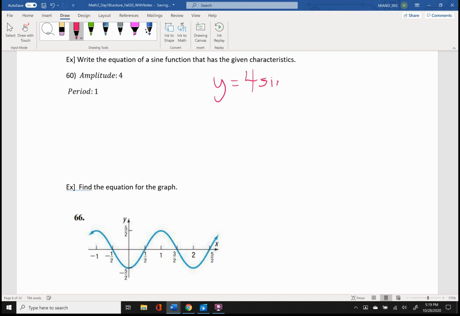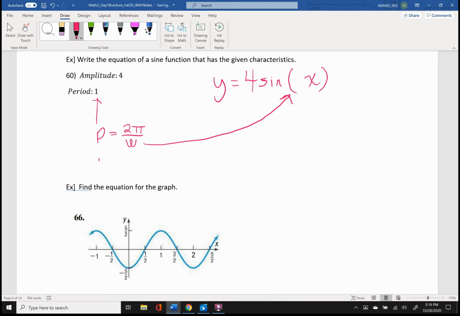What goes inside of the sine function? Well, it's going to be something other than just x, because we definitely have a period other than 2 pi, right? So this is your p-value. So kind of work backwards here and say, all right, well then p has to equal 2 pi over omega. Well, omega is going to be your coefficient in front of the x inside of the sine function.